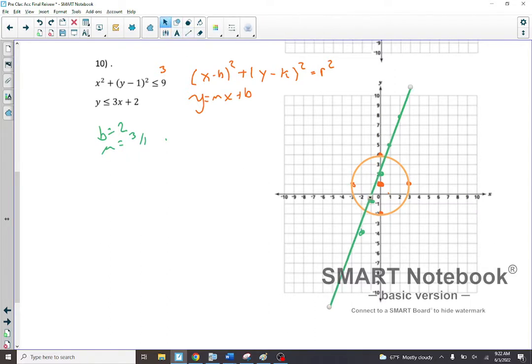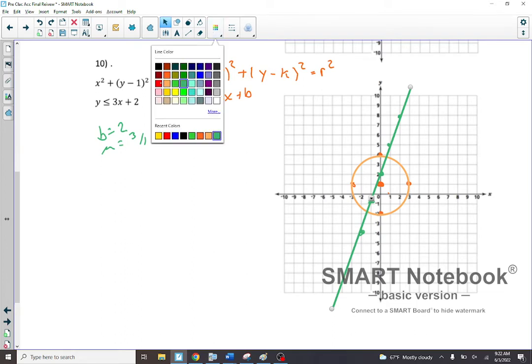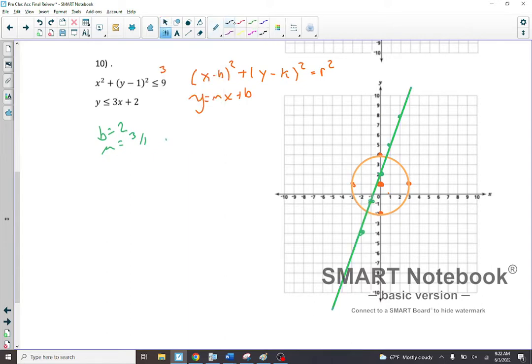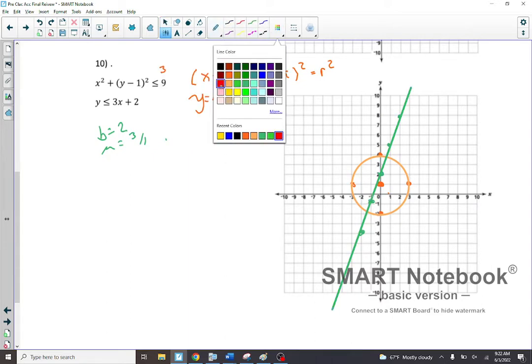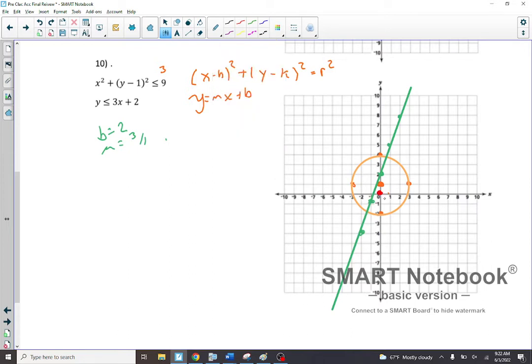All right. Either way, we need some kind of test point. So let's do 0, 0. So I'm going to plug in 0 for each one. So the top one, if I plug in 0, 0, I get 1 is less than or equal to 9, which is true.